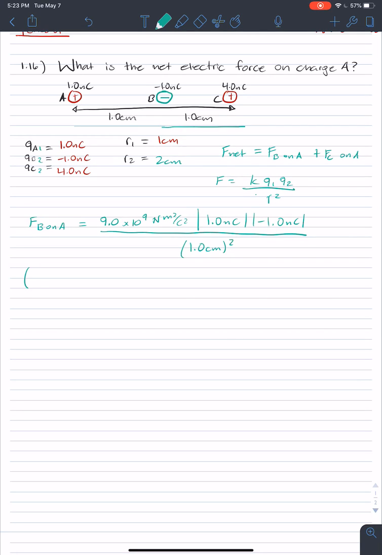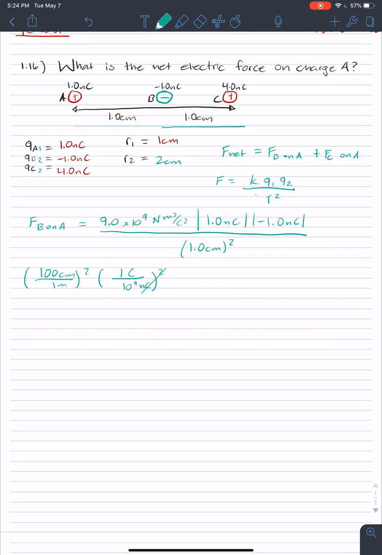Then I'm going to continue on the bottom, by the way. I don't have room here. But we have to cancel all our units, because we don't deal with nanocoulombs or centimeters. So we're just going to convert them. And 1 coulomb is equal to 10 to the 9th nanocoulombs.